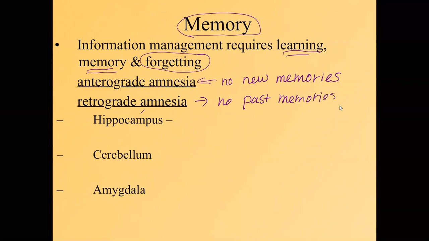Okay, now I wrote these things on here. Hippocampus. I'm trying to remember what I was thinking when I did this. I hate when I do stuff and then I can't remember. So I have hippocampus, cerebellum, and the amygdala on here. I'm looking in the book to see if I can remember what I was thinking.